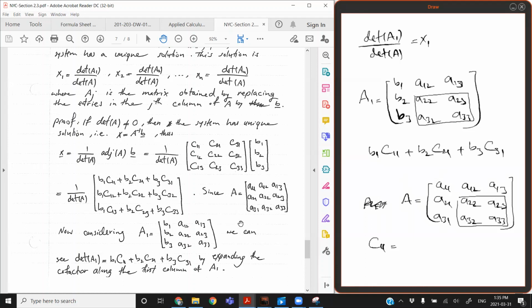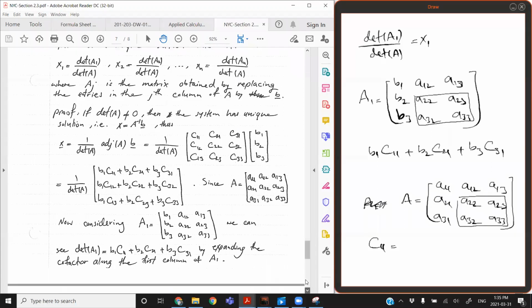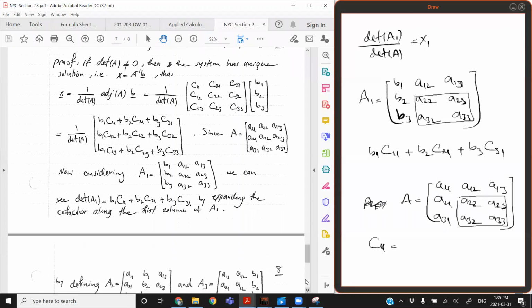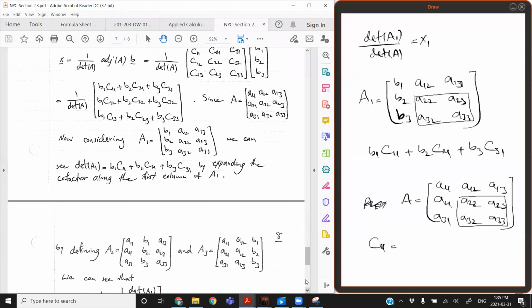So for that reason, x1 is going to be the determinant of A1 over determinant of A. The same thing is true for x2 and x3. Is that clear? Any questions?